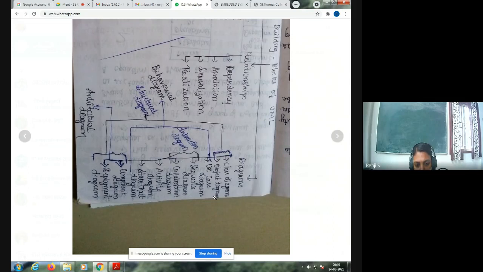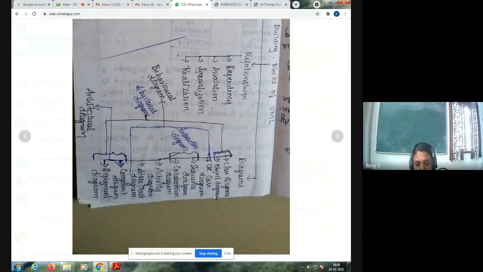The 4 structural diagrams include class diagram, object diagram, component diagram, and deployment diagram, whereas the 5 behavioral diagrams include sequence diagram, collaboration diagram, activity diagram, state chart diagram, and use case diagram. So this is one classification of diagrams.